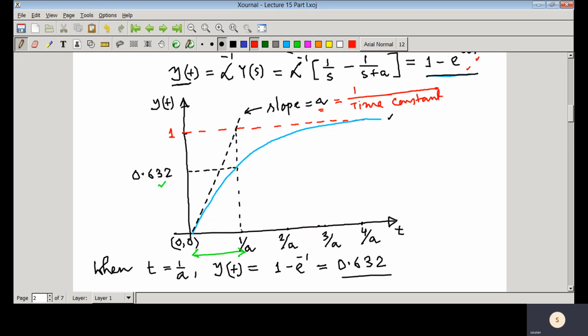And in this particular time response we can also define some other times, that is rise time and settling time. Here you can see the rise time is defined like this.